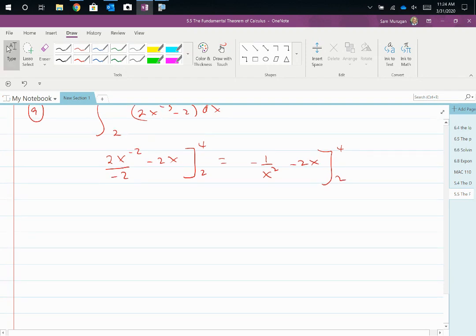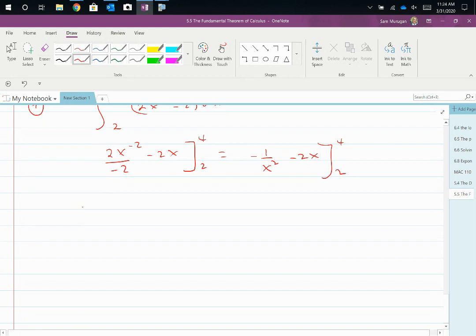Okay, now we're going to go ahead and substitute some numbers here. This is negative 1 over 4. 4 4 is 16, so negative 1 over 16 minus negative 2 times 4 is negative 8.